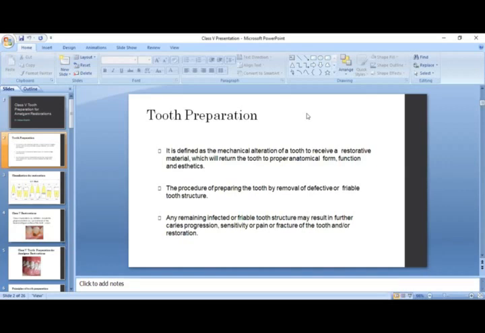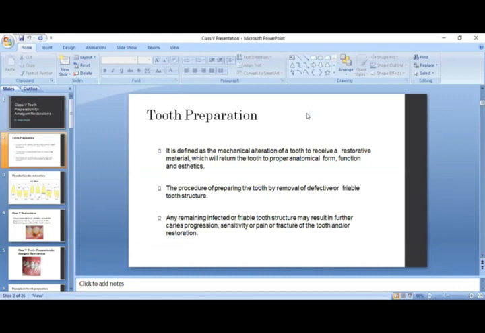Secondly, for any kind of tooth preparation, regardless of the restorative material you are using, or the extent of the caries region, or any kind of restoration you are supposed to put on the tooth structure, the defective tooth structure should be removed.